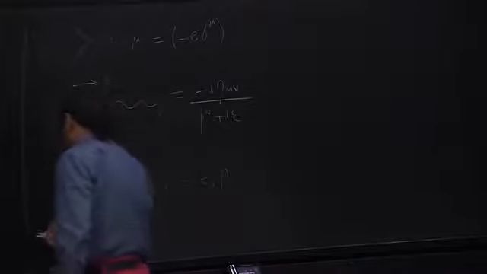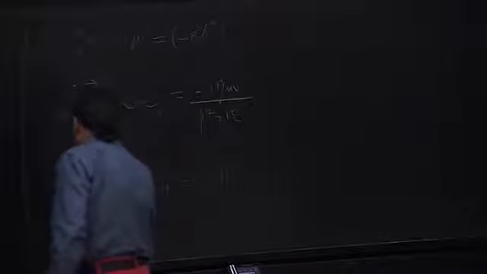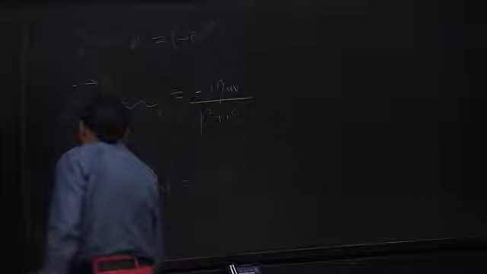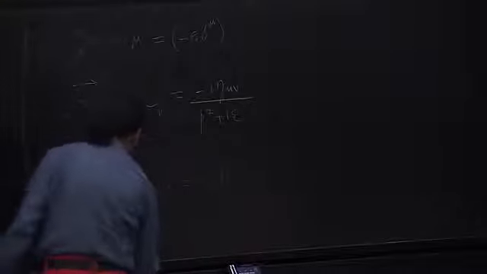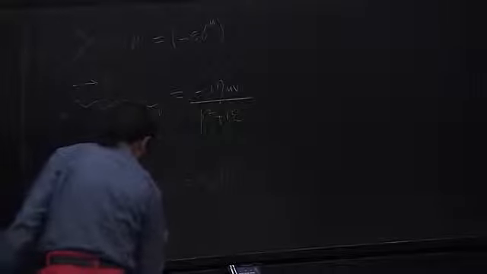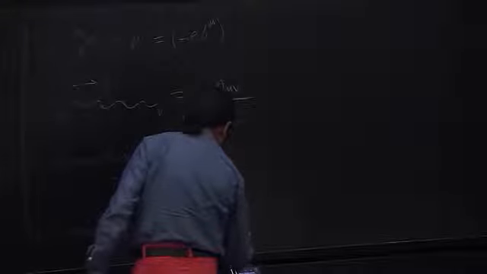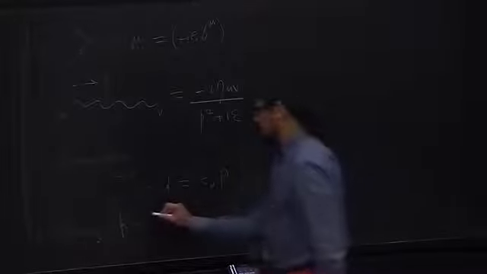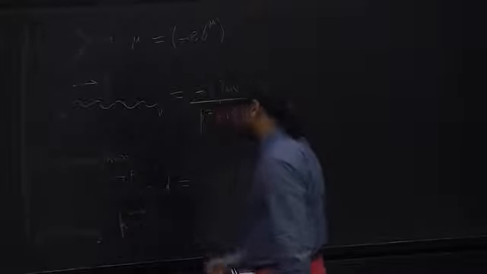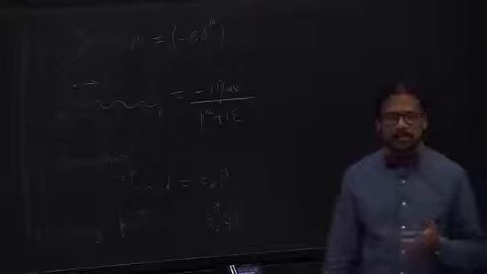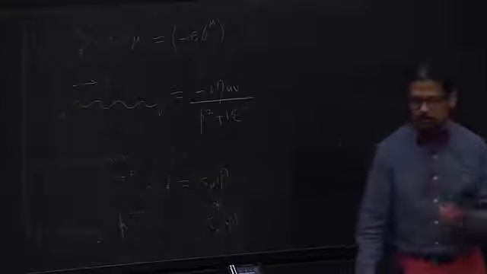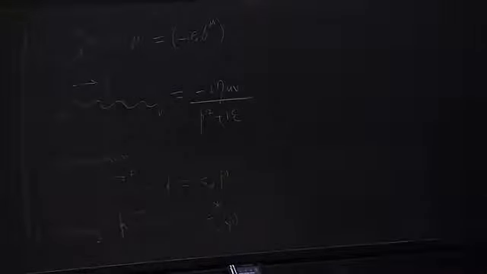And if the photon is going out, you take the conjugate of that. It may be that your photons are polarized in such a way that the polarization vectors are real. In that case, the complex conjugation is not important.